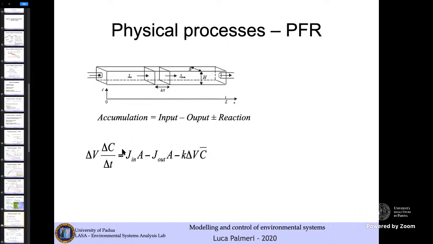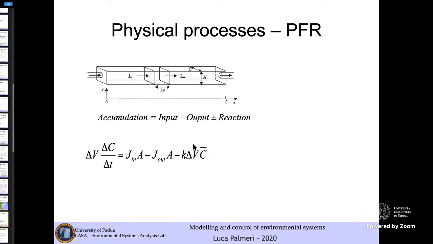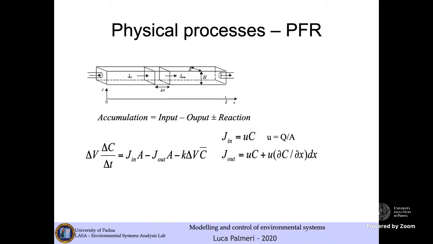Accumulation, the variation in time of concentration, is equal to what goes in minus what goes out, minus what is transformed through reactions in general, that may be chemical or physical reactions. So if we explicitate the flow densities, we may write that J in, the flow in, is equal to the speed of the stream U times the concentration in the flow.